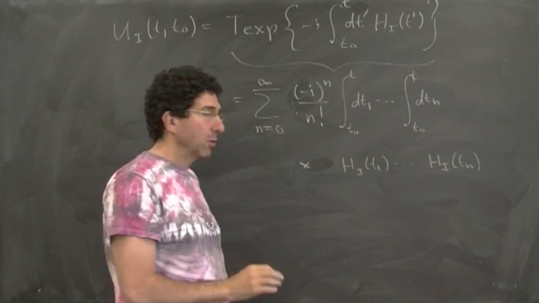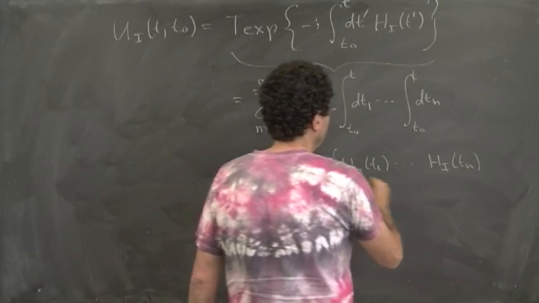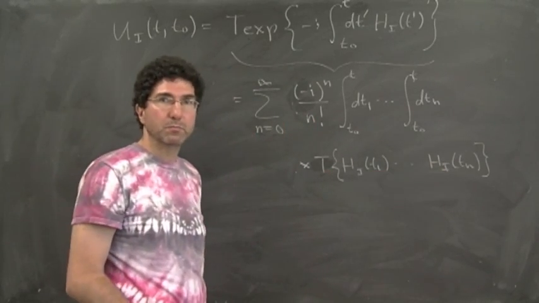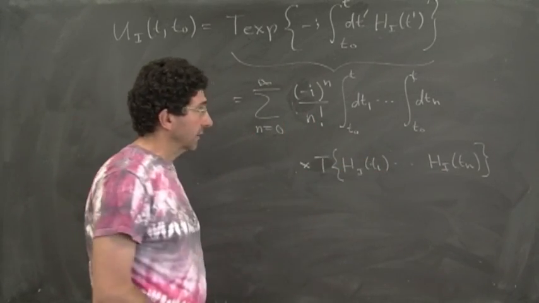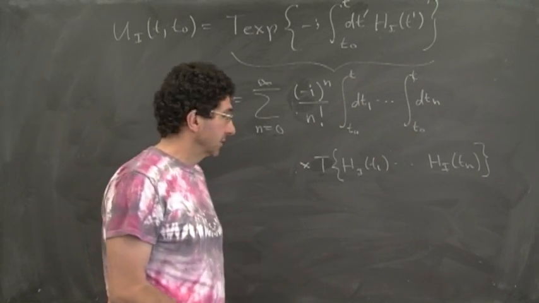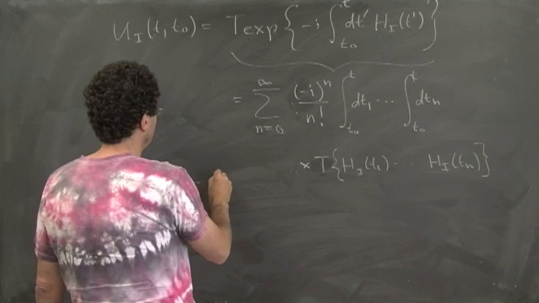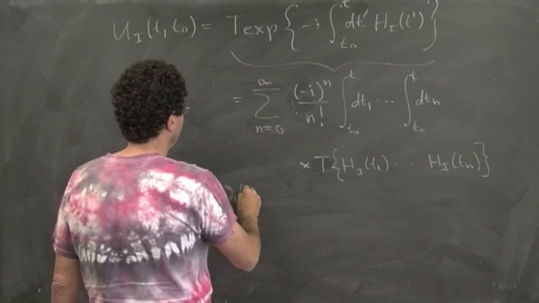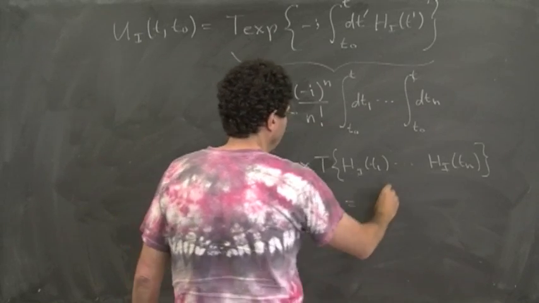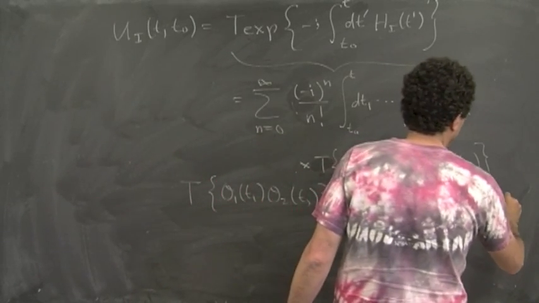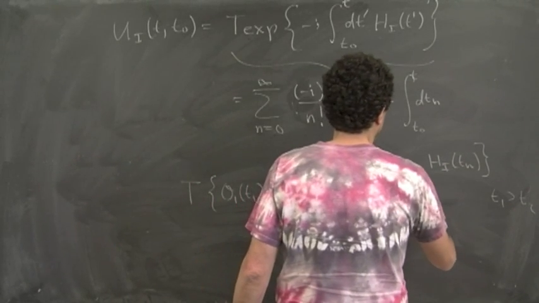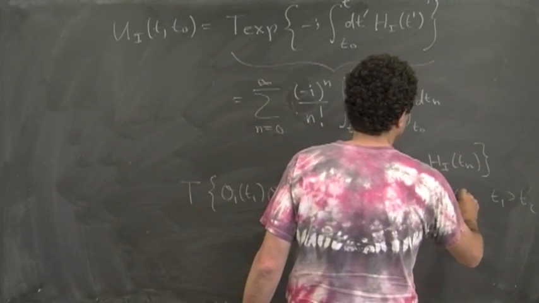What makes this a time-ordered exponential is that we have a time ordering operator that acts on this product. This is called a time-ordered product. Now the time-ordered product is just what it sounds like. If I have two operators, O1 at T1 and O2 at T2, then if T1 is bigger than T2, this is just O1(T1) O2(T2).